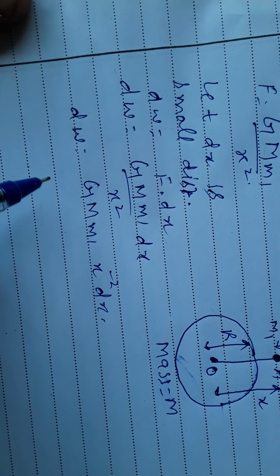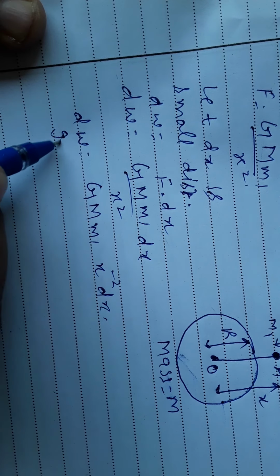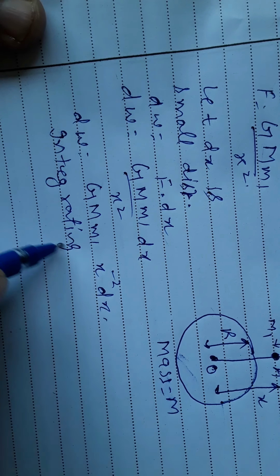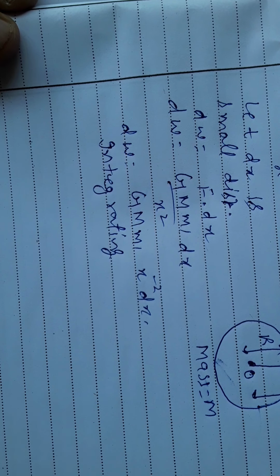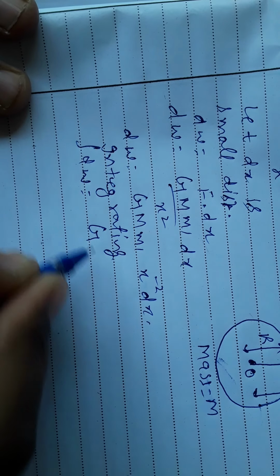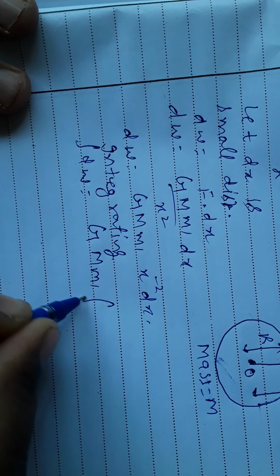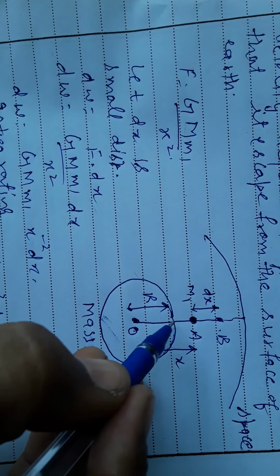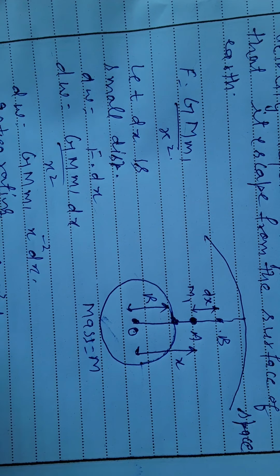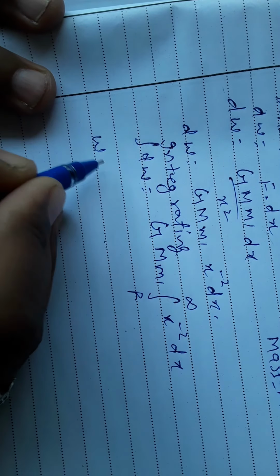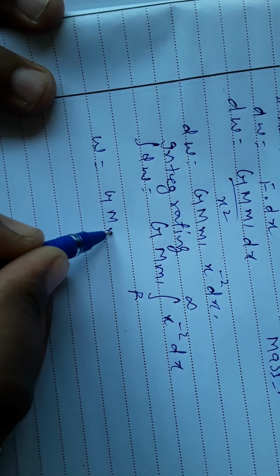Now we have to find the total work done. Integrating the above expression, dW equals G m m1 x minus 2 into dx. Initially the object is at the surface of Earth, at distance r, and it goes into space, where the distance will be infinite. So W is equal to G m m1 times the integral from r to infinity.